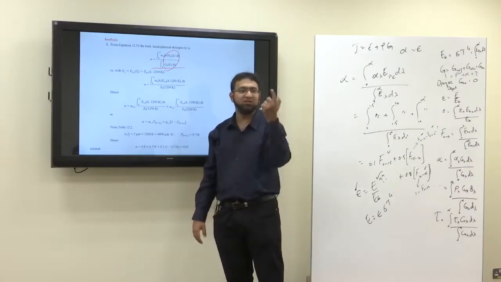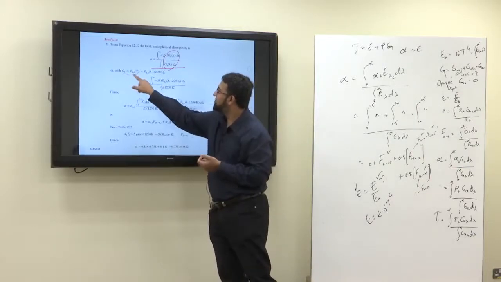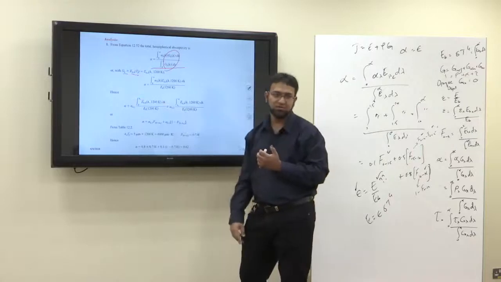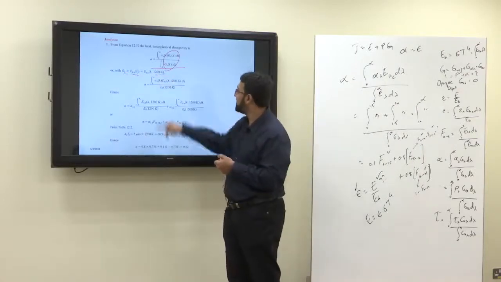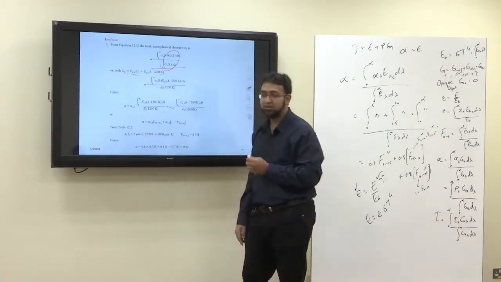And the walls are at 1200 Kelvin. So this G is equal to E at TF, the temperature of the furnace, or the temperature of the walls of the furnace, 1200 Kelvin.